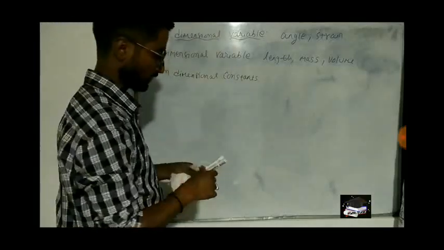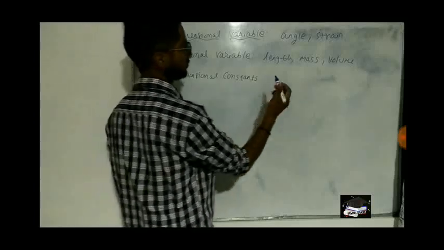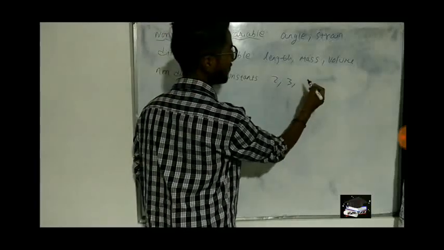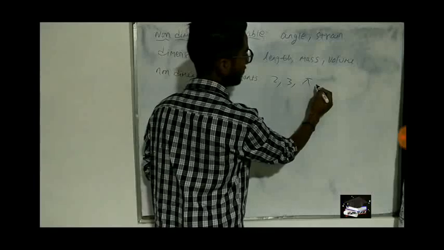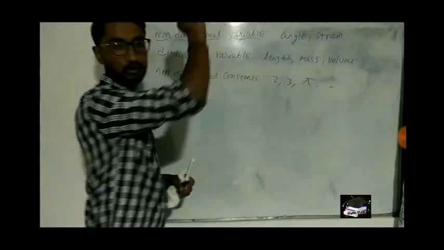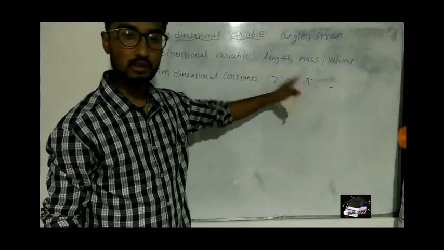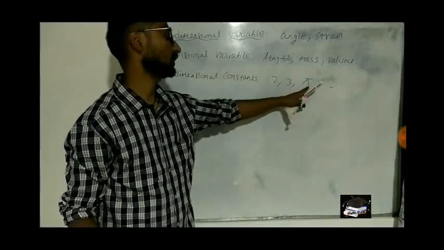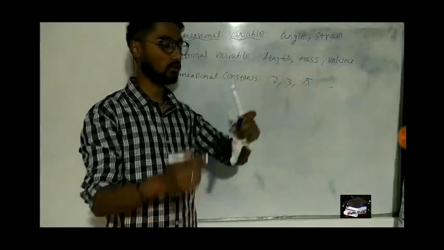Example: 2, 3, pi, etc. These are the constants which do not have dimension. They don't have dimension, but they are constant. They always have a fixed value.